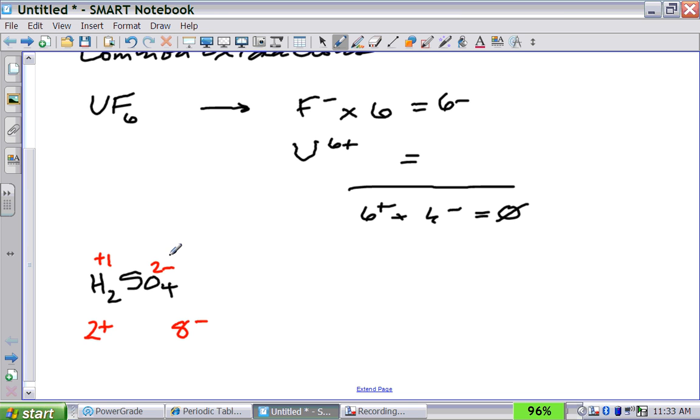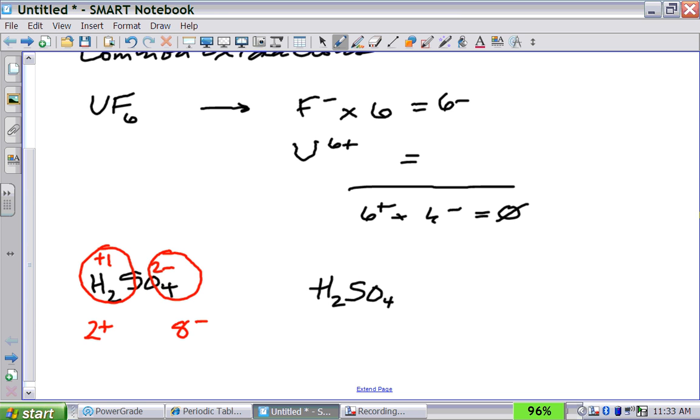How do I know that? Because I take this oxidation state times the number of atoms, and this oxidation state times the number of atoms. And now, knowing that H2SO4 must be electrically or charge neutral, then the only thing I can have left would be a +6.